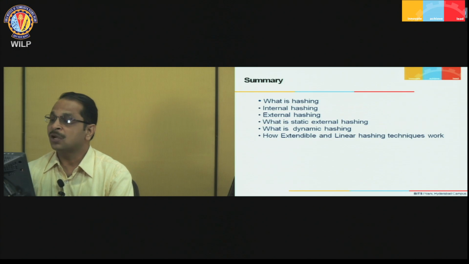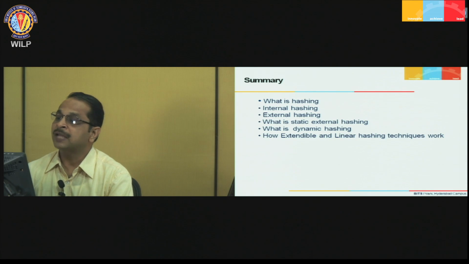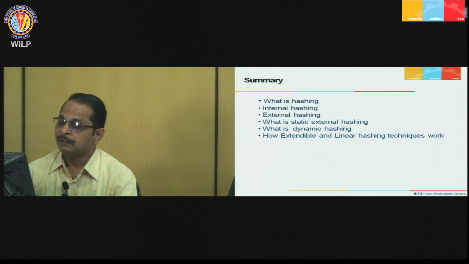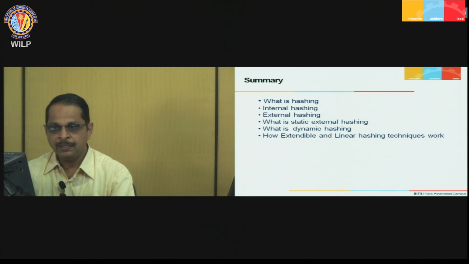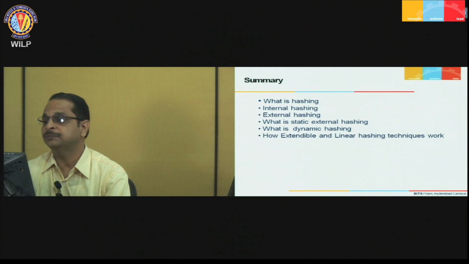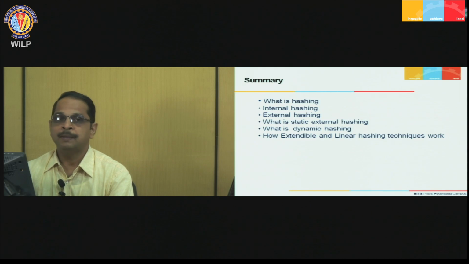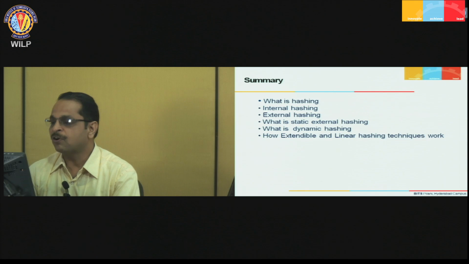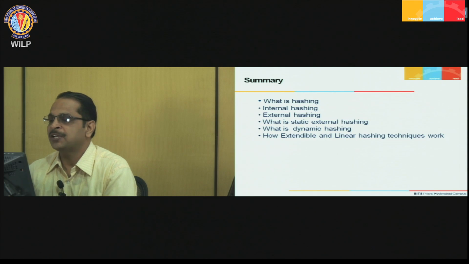Hence, to solve that, we have dynamic hashing, where the address space can be expanded, or it can shrink depending on the requirement. That is why performance-wise it is far better than static hashing.